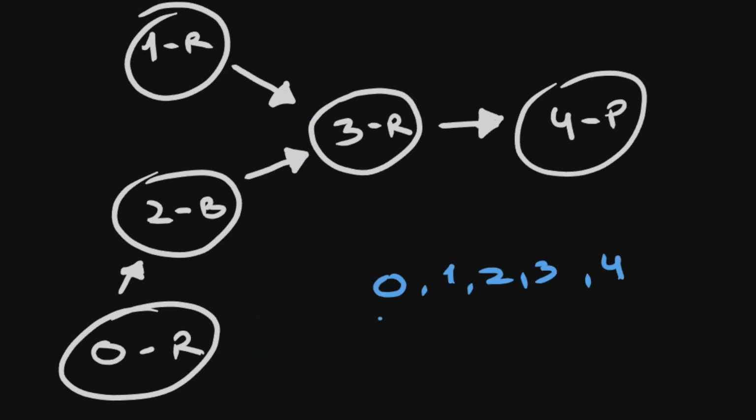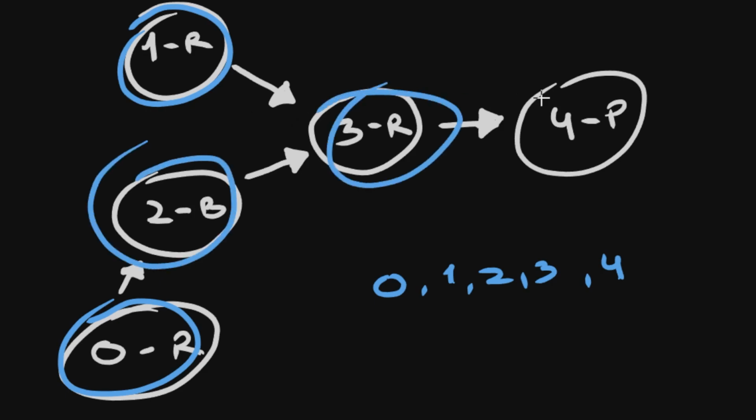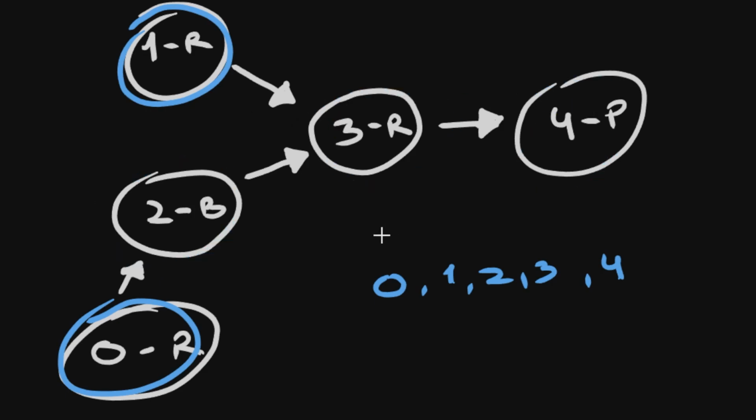So just to be clear, this is a possible topological order. We first iterate 0, we then iterate 1, then 2, then 3, then 4. Okay? So for example, by the time we reach 2, we have already iterated 0. By the time we reach 3, we have already iterated 0, 1, 2.